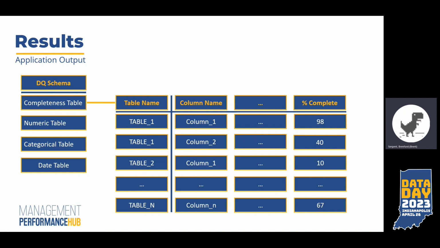Additional information such as when it was written to the table was also recorded. Whenever a table is run, the results would append to these tables if the calculations associated with them were requested. If there were none, say there were no numeric columns, then nothing would be written to that table. This made our tool adaptable to whatever distribution of data types that table had, which again was one of those lessons we learned from our coal mining example.